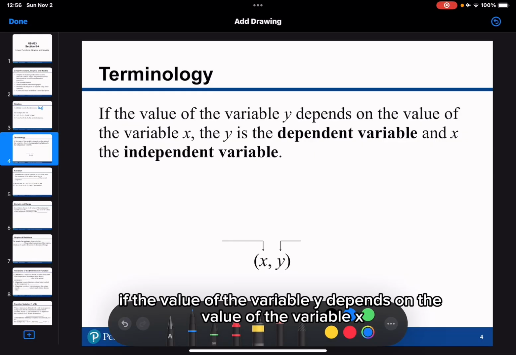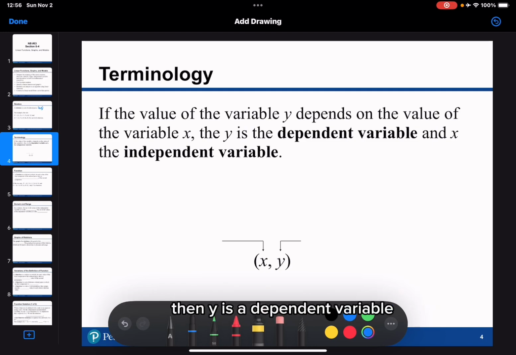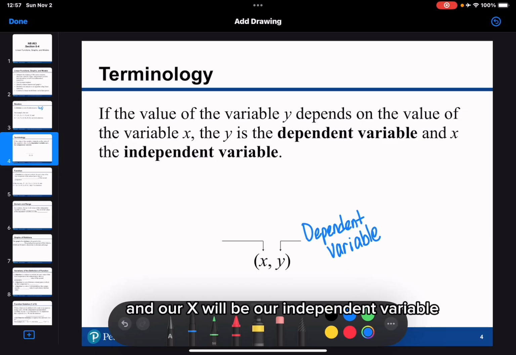Terminology. If the value of the variable y depends on the value of the variable x, then y is a dependent variable and x is an independent variable. So y will be our dependent variable, and our x will be our independent variable.